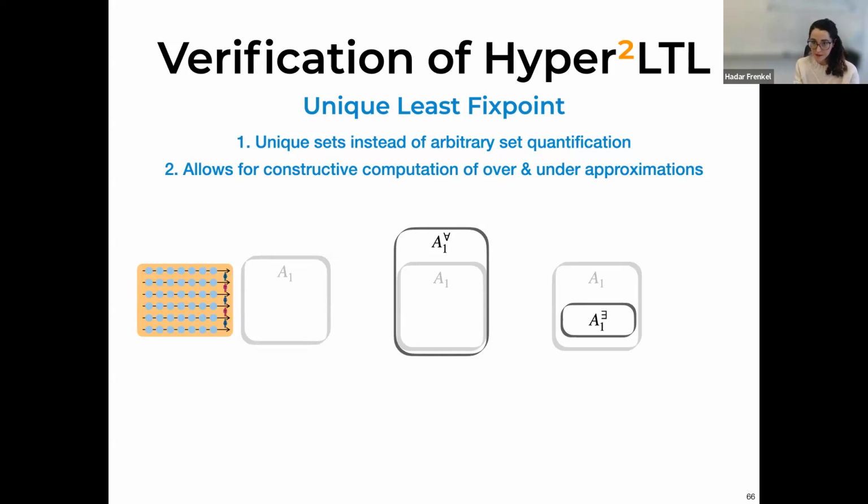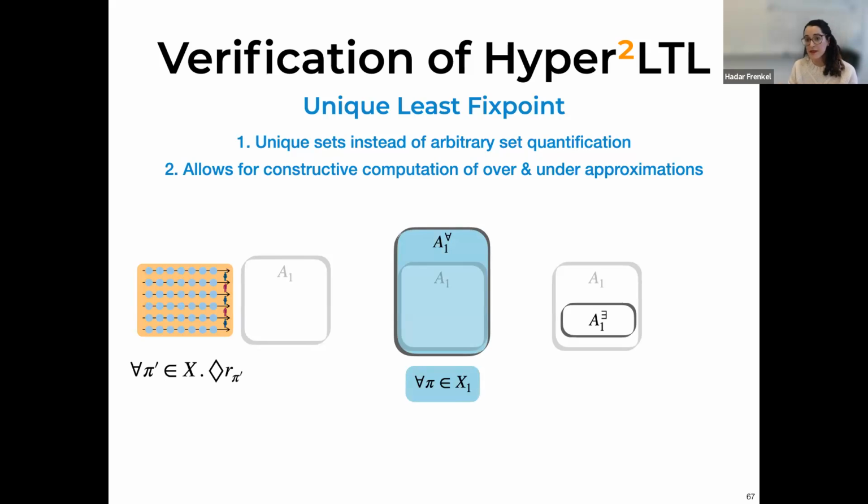And after we have computed both an over-approximation and an under-approximation, we can choose what approximation, what automaton we want to use in the following way. So if my formula asks that for every trace in the set something holds, then I'm going to use my over-approximation.